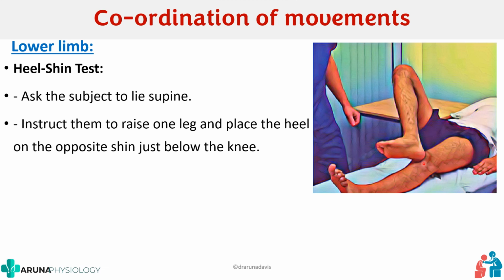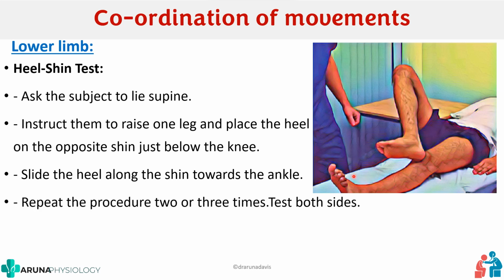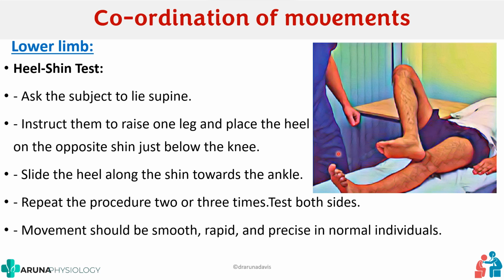Then you ask them to slide the heel along the shin towards the ankle, and repeat it 2 or 3 times. Here we test whether the movement is smooth or not, whether the person can lift the leg, place it just below the knee joint, and then slide it along the shin.